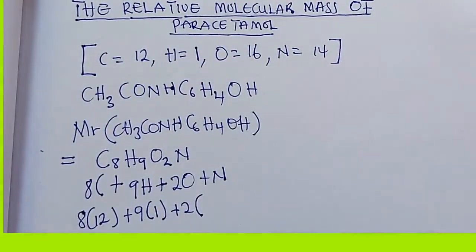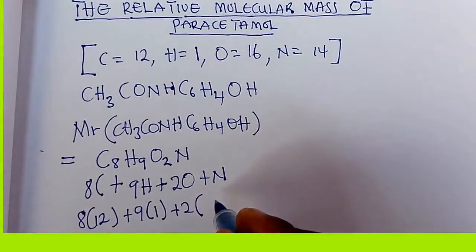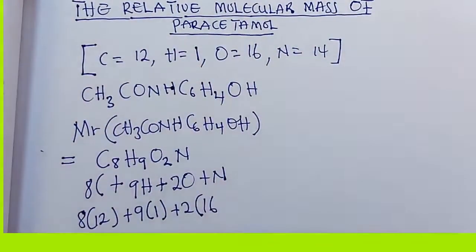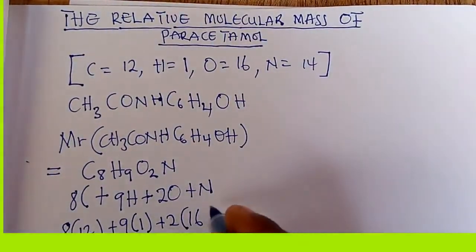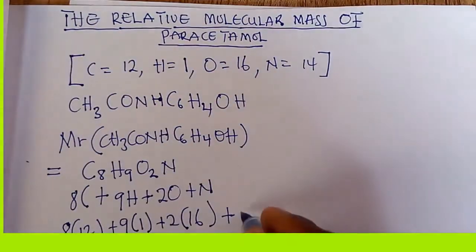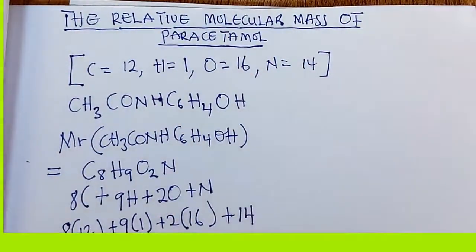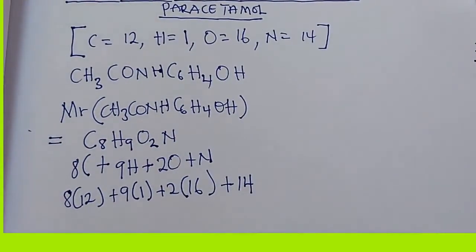The relative atomic mass of oxygen is 16, so write your 16 here. Plus nitrogen is only 1 atom, so write 14 here. Very easy.